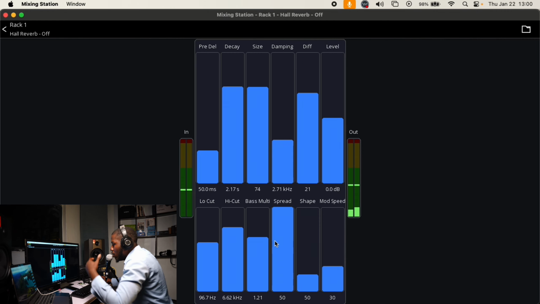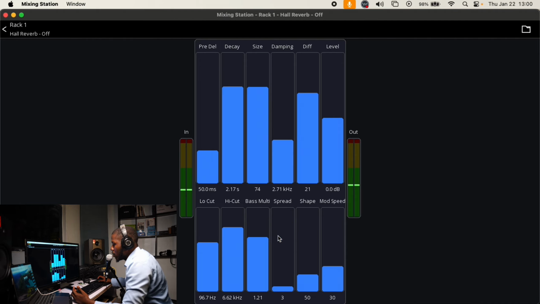Do you understand? I can feel the reverb around me. Compared to this, this one I can feel it close to me. This spread makes it like I can feel it far, I can feel it around me, but reducing it like this now is making it a bit closer to me. And that's basically just that about the spread.